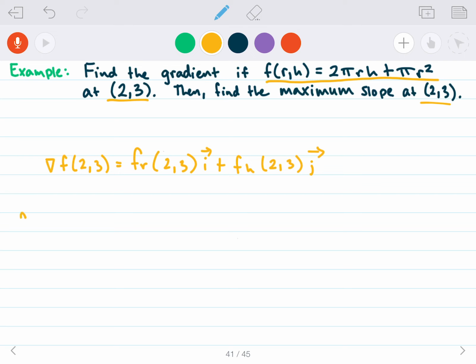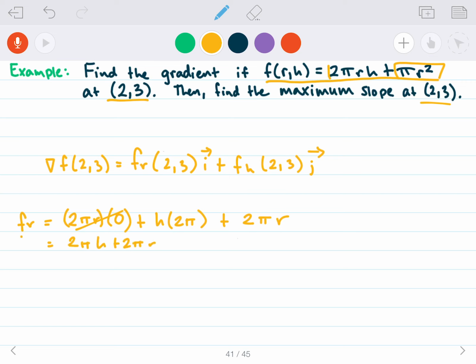So let's go ahead and figure out the partial with respect to r. So this time we're holding h constant, just like we do with x's and y's. So we have 2 pi r h, so this is going to be, keep the first, 2 pi r, times the derivative of the second, derivative of h is 0, we're holding it fixed, remember? Plus, keep the second times the derivative of 2 pi r, which is just 2 pi. Alright, plus 2 pi r for this piece when we take the derivative. So that clears, and this is just going to give me 2 pi h plus 2 pi r.